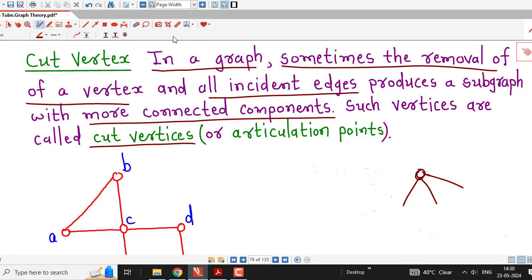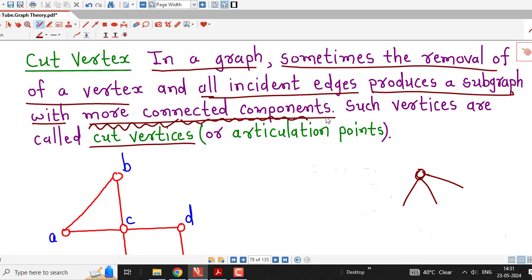So again I read this definition. In a graph, sometimes the removal of a vertex and all incident edges produces a subgraph with more connected components. Such vertices are called cut vertices. This is important.